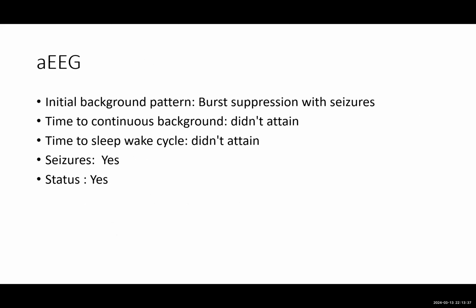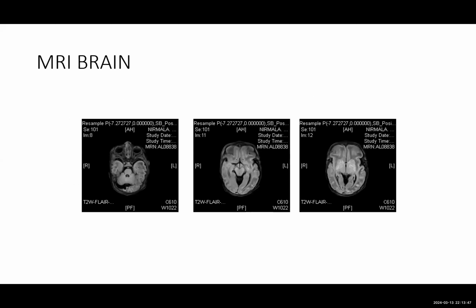When the baby was in NICU, amplitude-integrated EEG showed burst suppression with seizures, and he was having status in between also. The MRI done in the neonatal period showed T2 hyperintensity in the subcortical region, in the bilateral basal ganglia, and also bilaterally in the brainstem area.